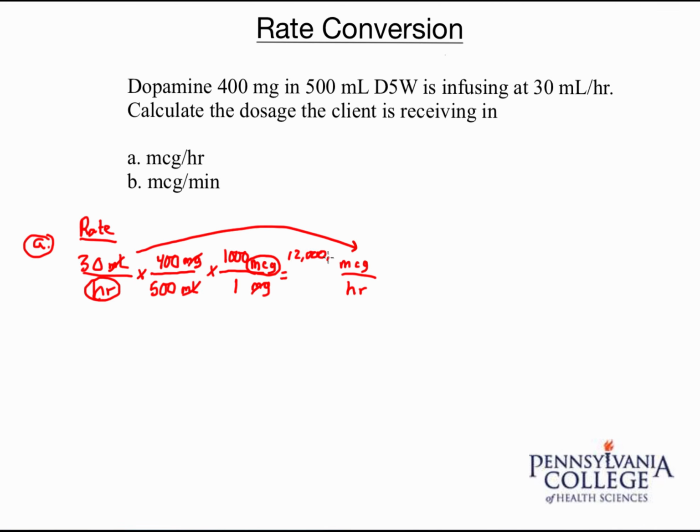So 12 million, see if I can squeeze this in here. And in the denominator, you're going to have 500. So if you take 12 million and you divide it by 500, you're going to get 24,000. 24,000, and the unit will be micrograms per hour.